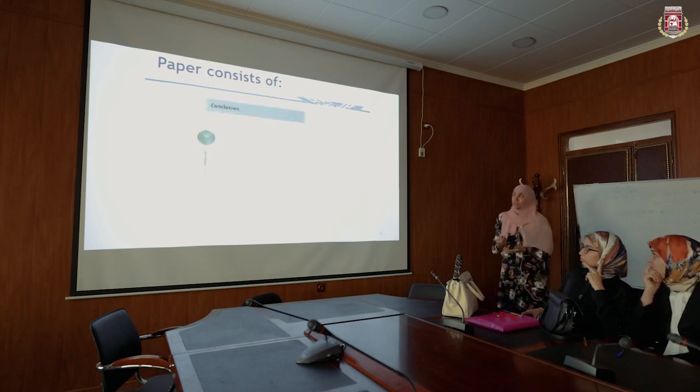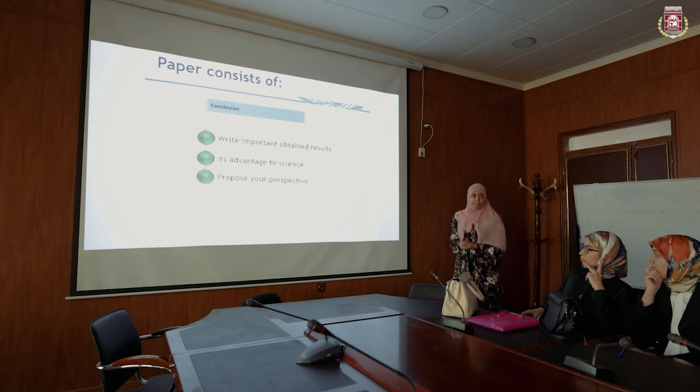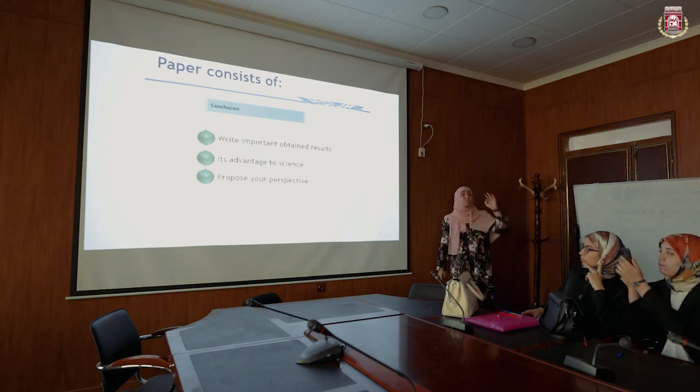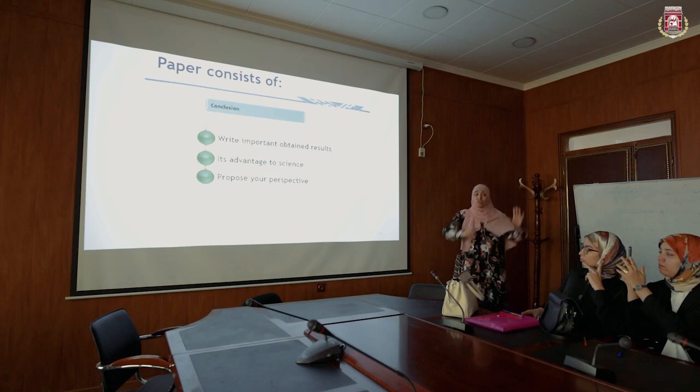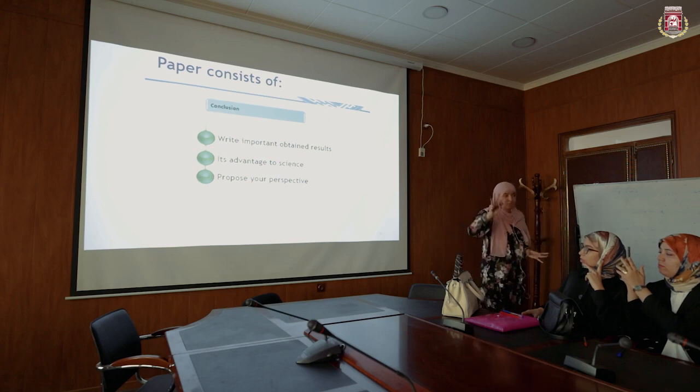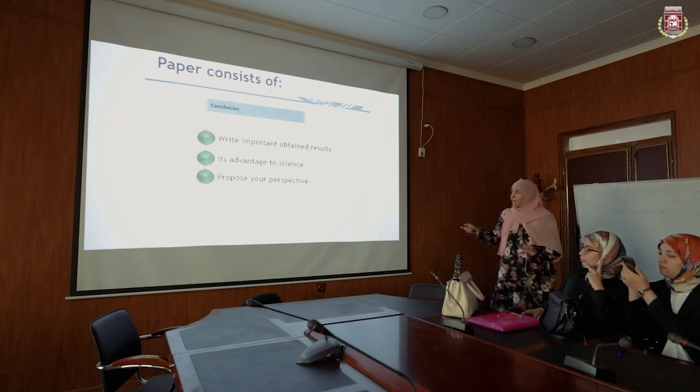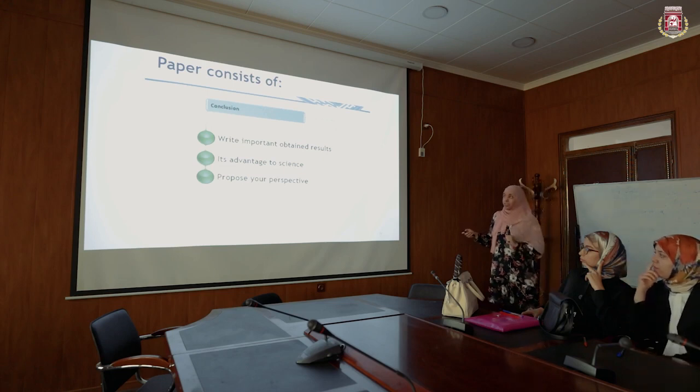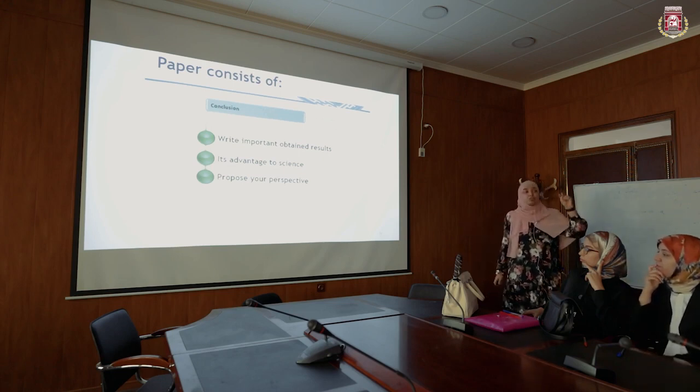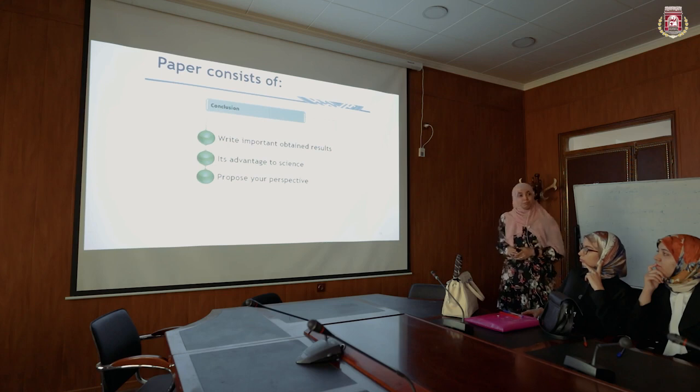Conclusion. What should we write in the conclusion? Our potent results. Okay, not all of the results, but the best of them. So we should write the important obtained results and their advantage to science. And finally, propose your perspective.